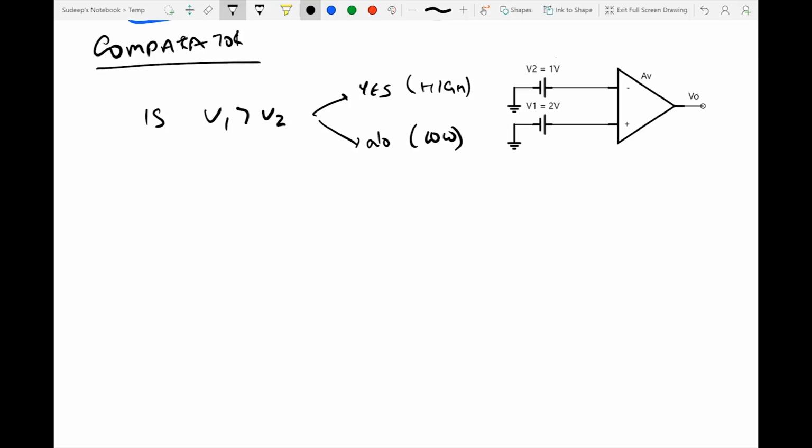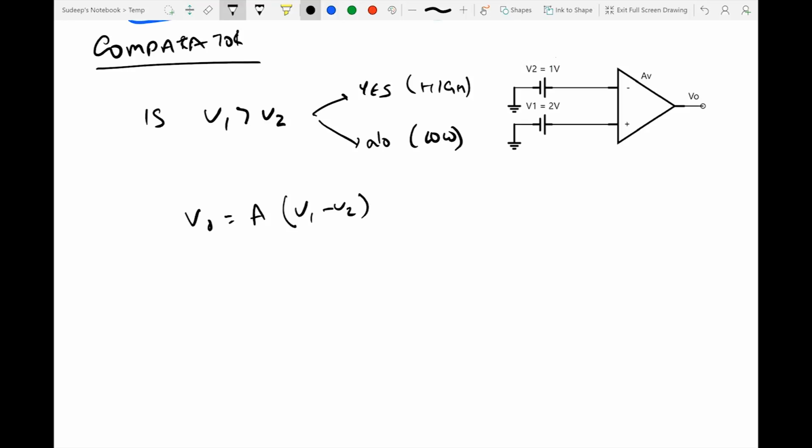So when we looked at the differential amplifier over here, we're saying that it's amplifying the differential values of the input. So what we're getting is V out is equal to amplification times V1 minus V2, which is non-inverting terminal minus the inverting terminal.